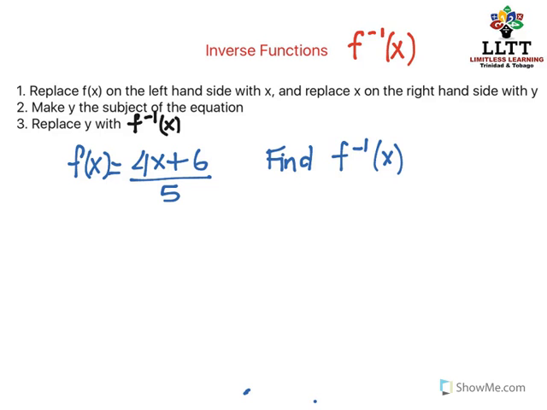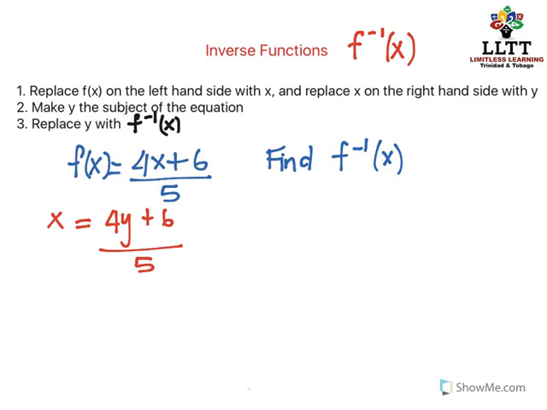And again, all I'm going to do is follow my 3 steps in order to find the inverse. So on my left-hand side, I replace f of x with x. On my right-hand side, I replace x with y. So this becomes 4y plus 6 divided by 5.